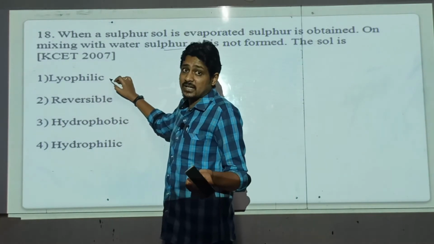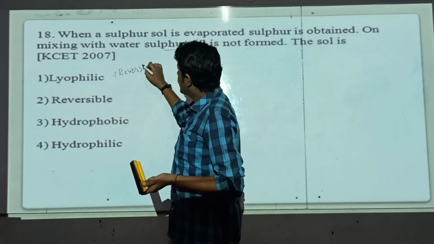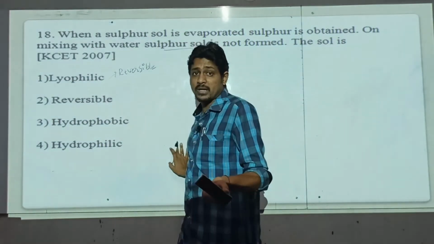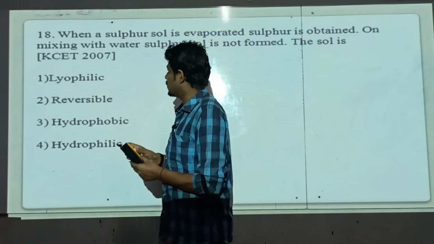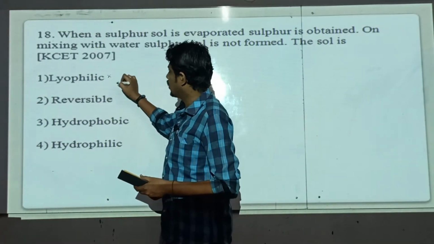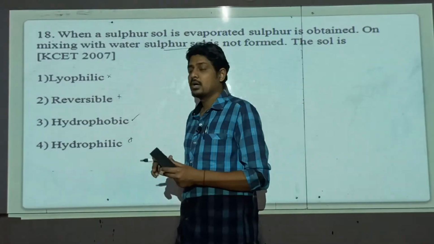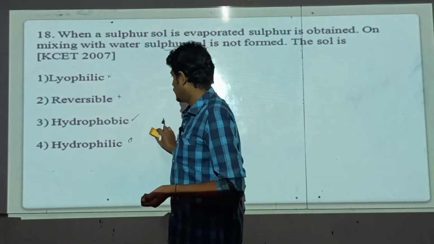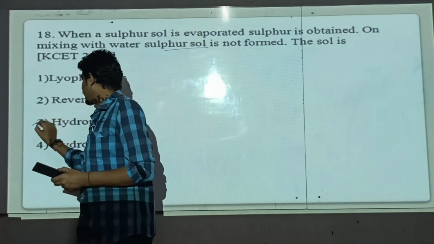Lyophilic means these are reversible. Remember, lyophilic is reversible. Okay, lyophobic will be irreversible. So lyophilic no, reversible no, hydrophobic yes, not hydrophilic. Hydrophilic means the same as lyophilic only. So the answer will be hydrophobic.